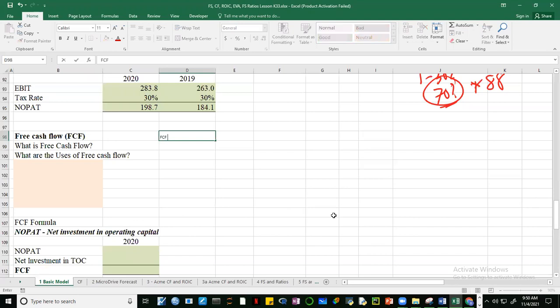Free cash flow is the cash flow available for distribution to, moment guys, dali lang 1 minute.